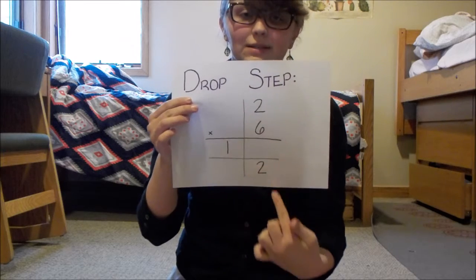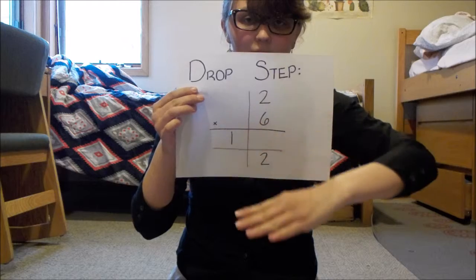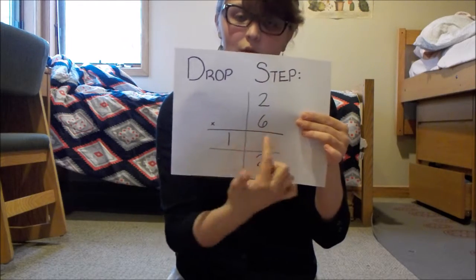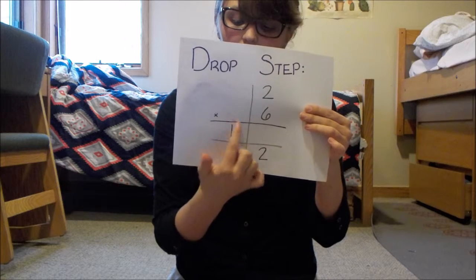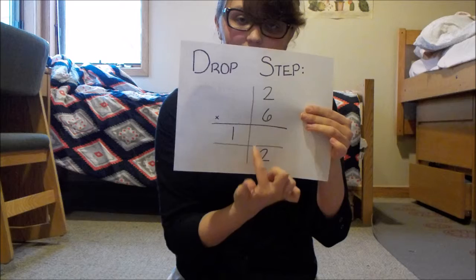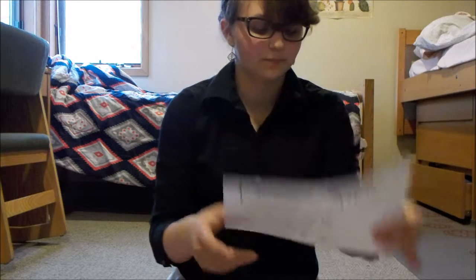So you're dropping down a line. Think of it like steps. You're dropping down a step. So for 2 times 6, you put the tens place right there, so you have a 1, and then you would put the 2 in the ones place down one step.